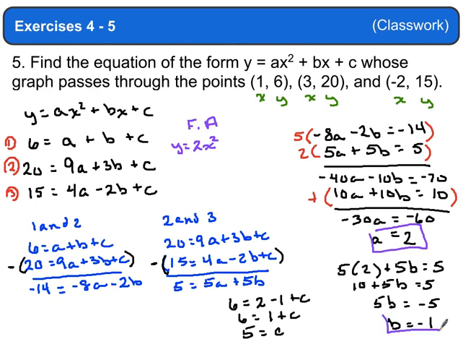We know the b is negative 1. So it's going to be minus 1x or just minus x. And then we know the c, which is right here, which is 5. And so then we're going to put plus 5. That would be the final answer for what we are attempting to do.